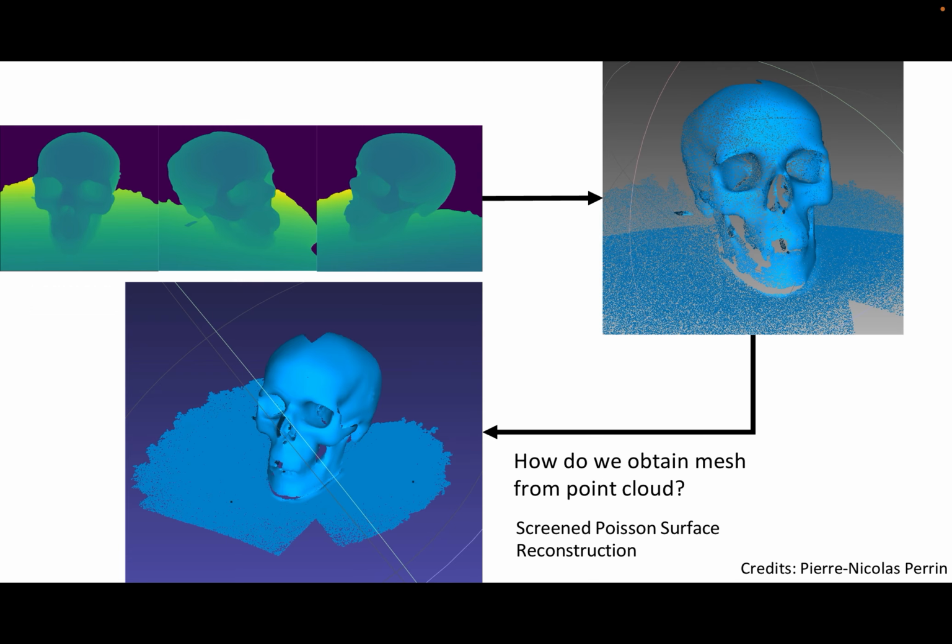It's straightforward, right? We will not study the details, but one of the most popular ways to convert the point cloud to a mesh is Poisson surface reconstruction. How do you obtain a mesh from a point cloud? We can use Poisson surface reconstruction. That is one of the most popular algorithms people keep using even these days.